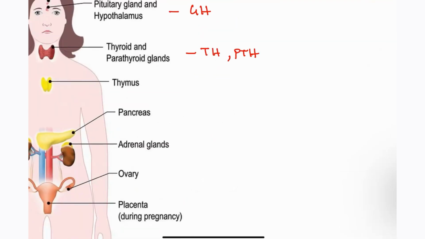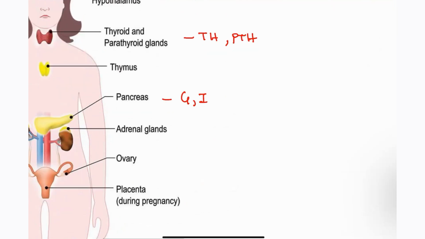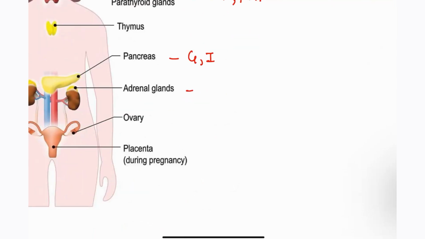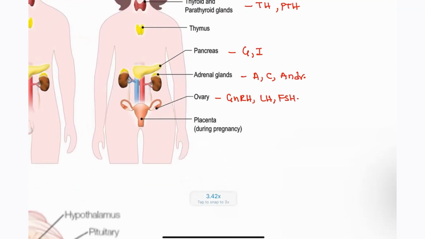Right, next, the pancreas is going to produce glucagon and insulin. The adrenal glands are going to produce aldosterone and catecholamines, and also androgens. The ovaries produce GnRH, and also LH and FSH. Next, the placenta is going to produce lactogen and other important hormones.